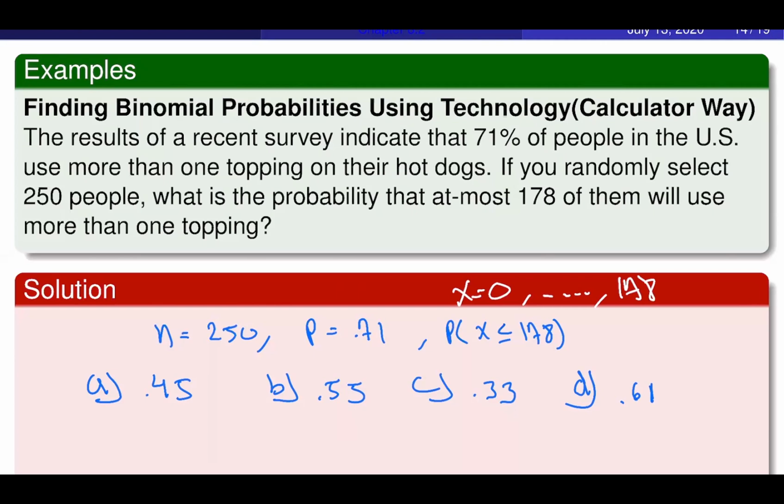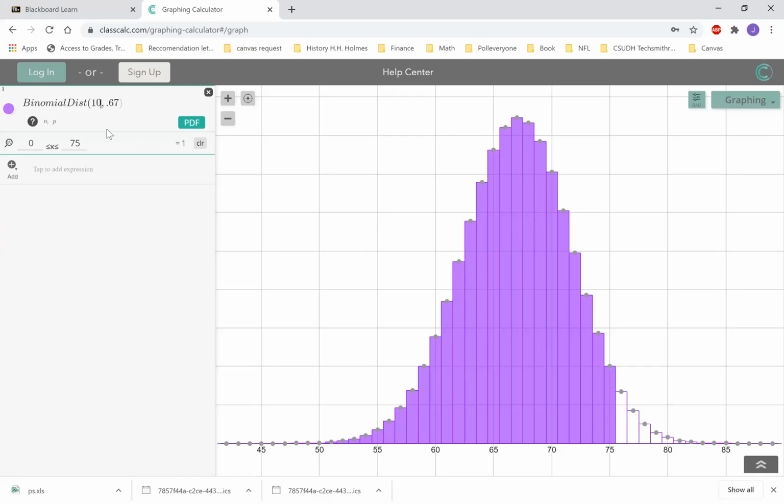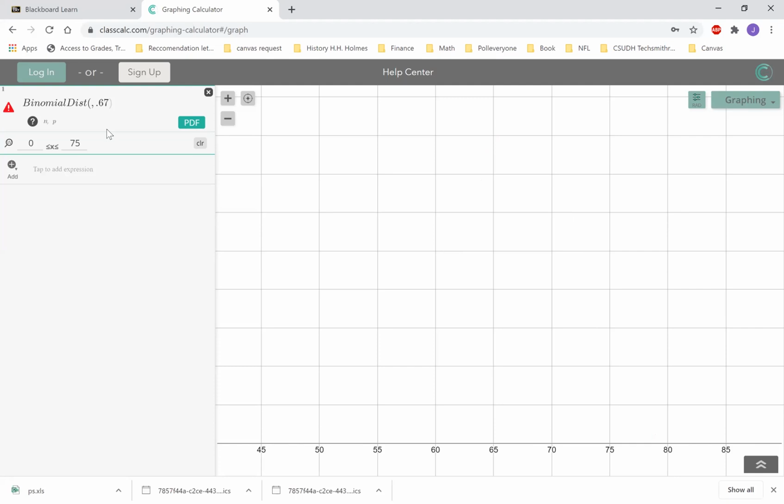So we go over here to class calc. You go 250 for N. For my probability, you get 0.71. Oops, I got 2 points. Doesn't really like that.